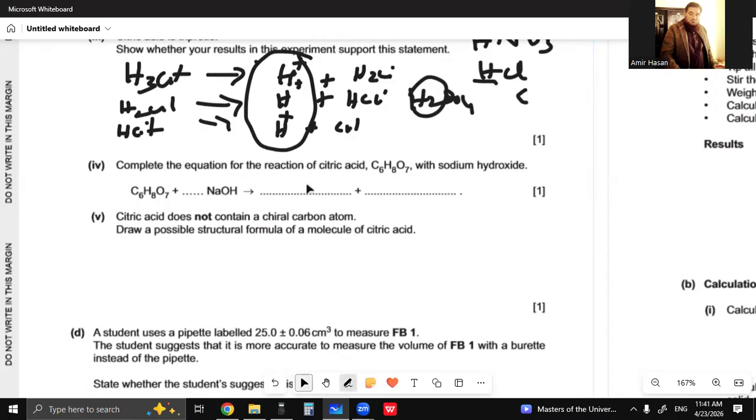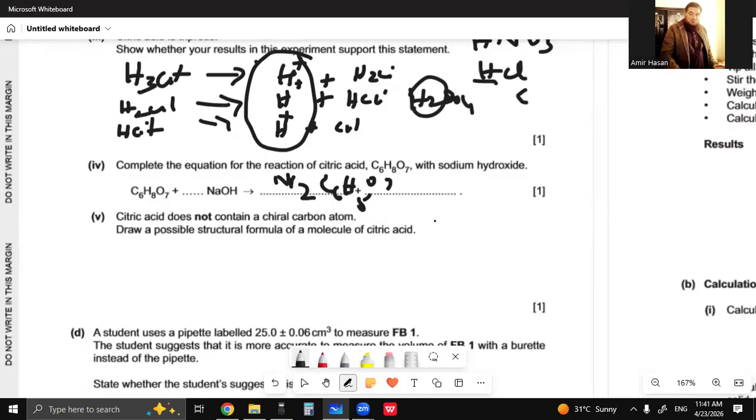Sodium citrate. This salt is Na3C6H5O7, sodium citrate.